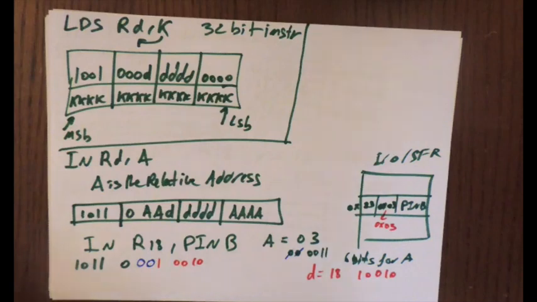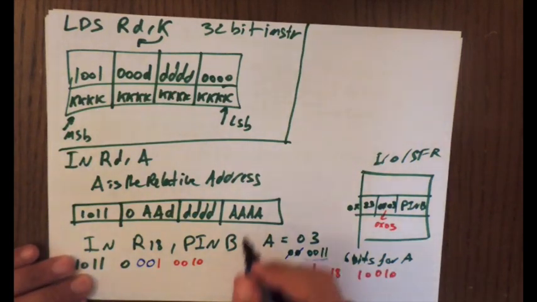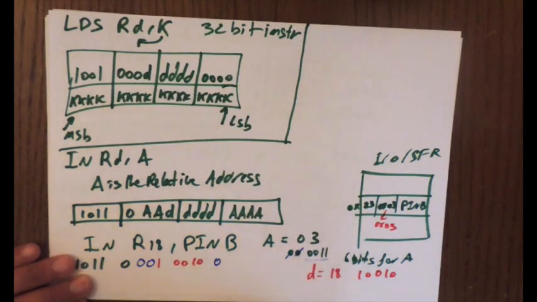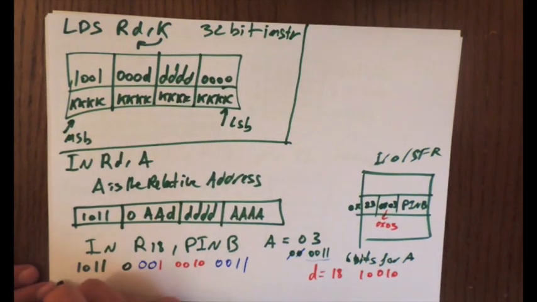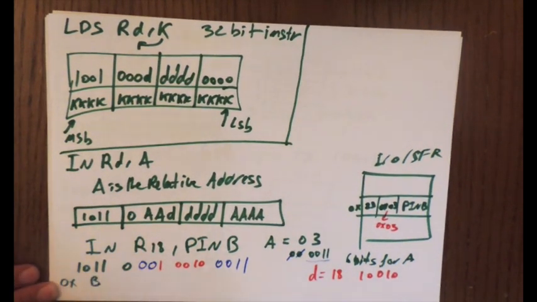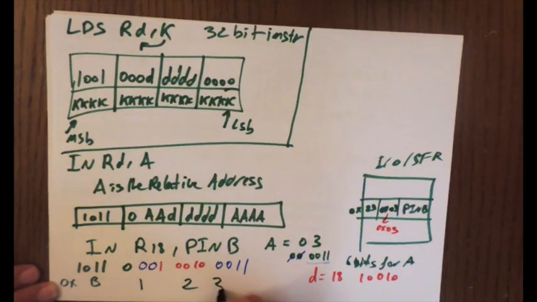And then I'm going to continue with the other part of A, which is 0, 0, 1, 1. And to write it in hex, of course, this is 0xB123. So this is an example of translating an instruction to binary and hexadecimal.